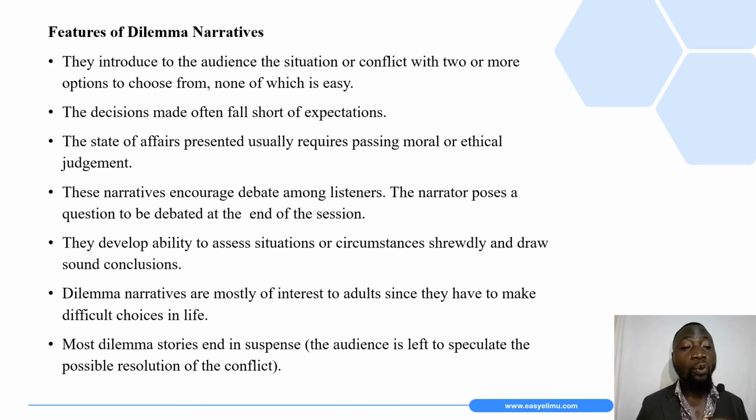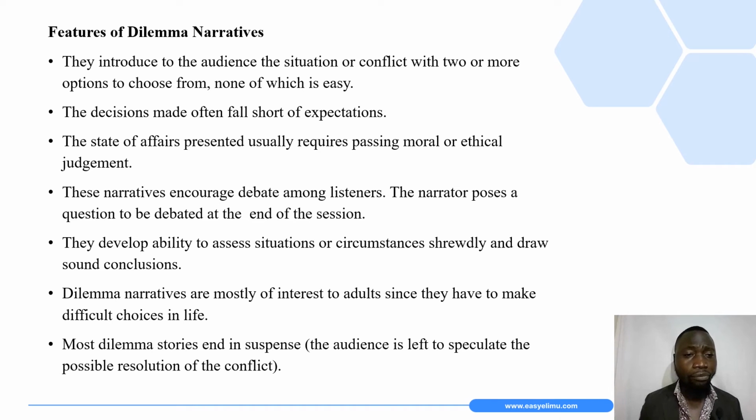To begin with, these narratives introduce to the audience a situation or conflict with two or more options to choose from, none of which is easy. Another thing is that the decisions made often fall short of expectations.